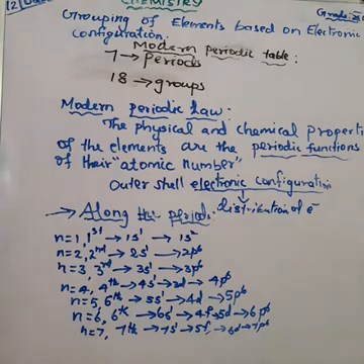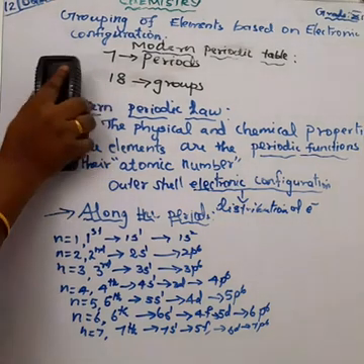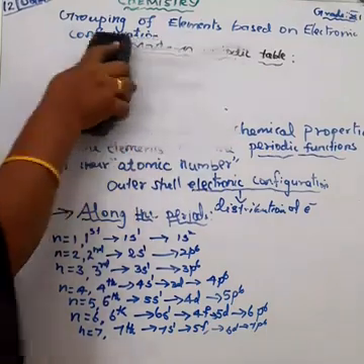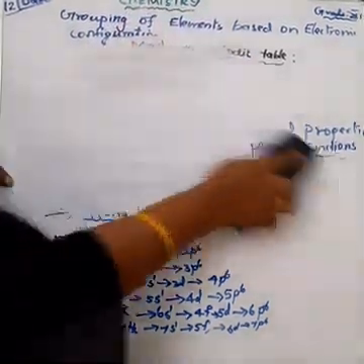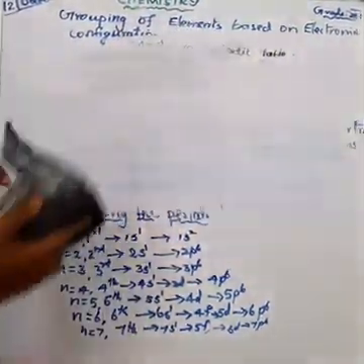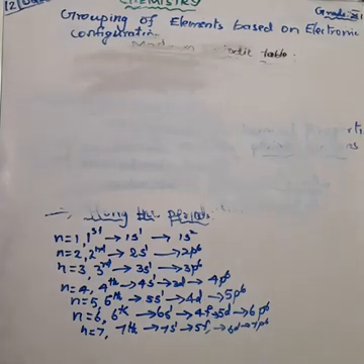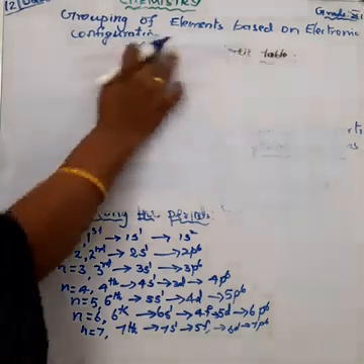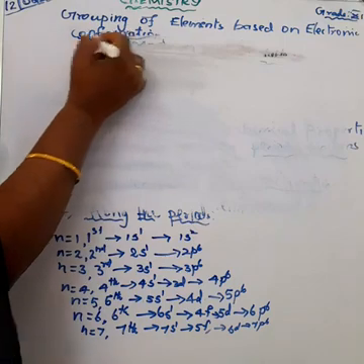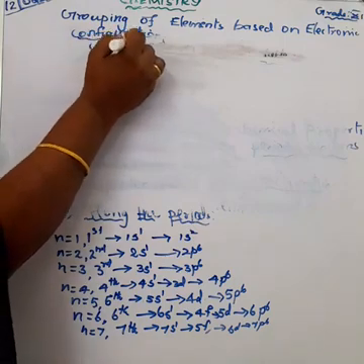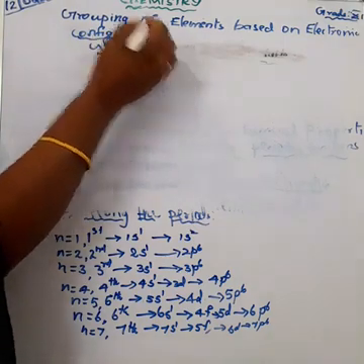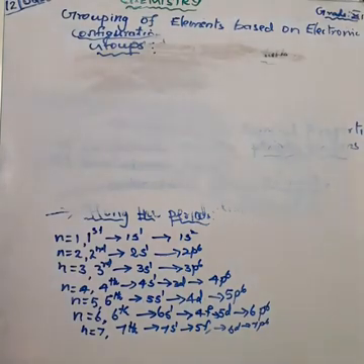Then we are going to study variation of electronic configuration in the groups. As we know, the electronic arrangements of atoms help to explain the properties of the elements and the structure of the periodic table.